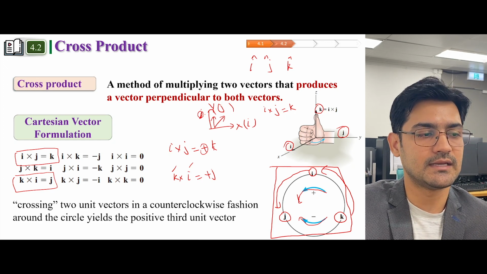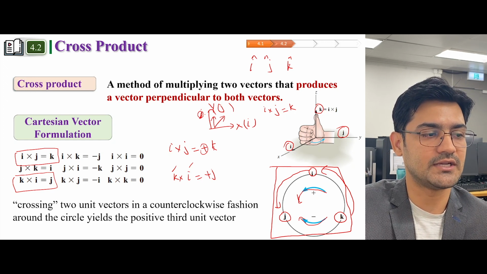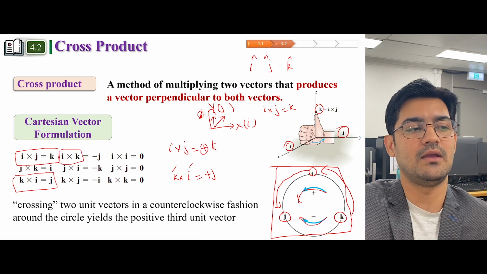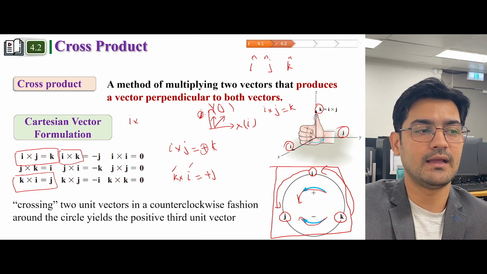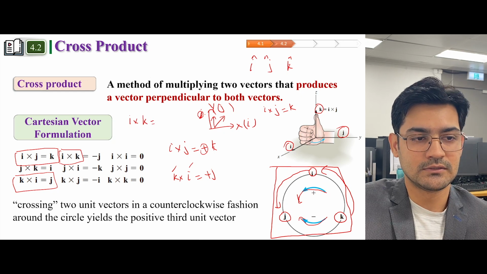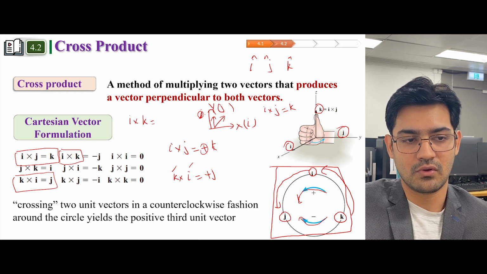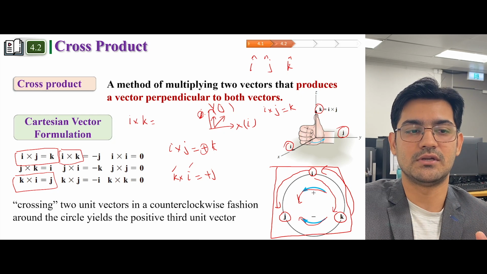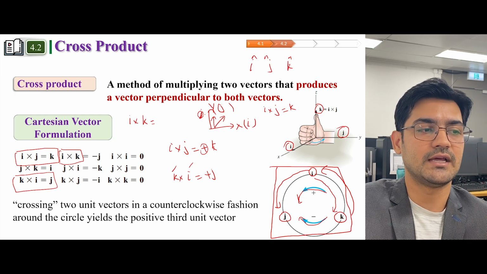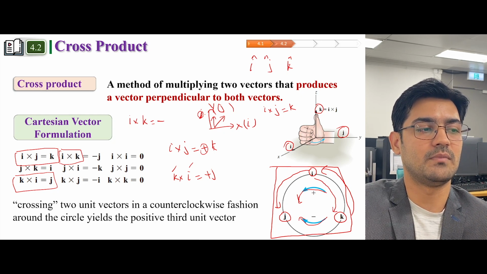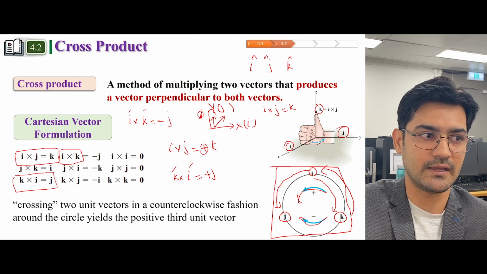Let's take an example of a clockwise direction. Let's say we are multiplying i with k. From i you're going to k, so it is a clockwise direction. In clockwise direction you will put minus, so the resultant would be minus j.